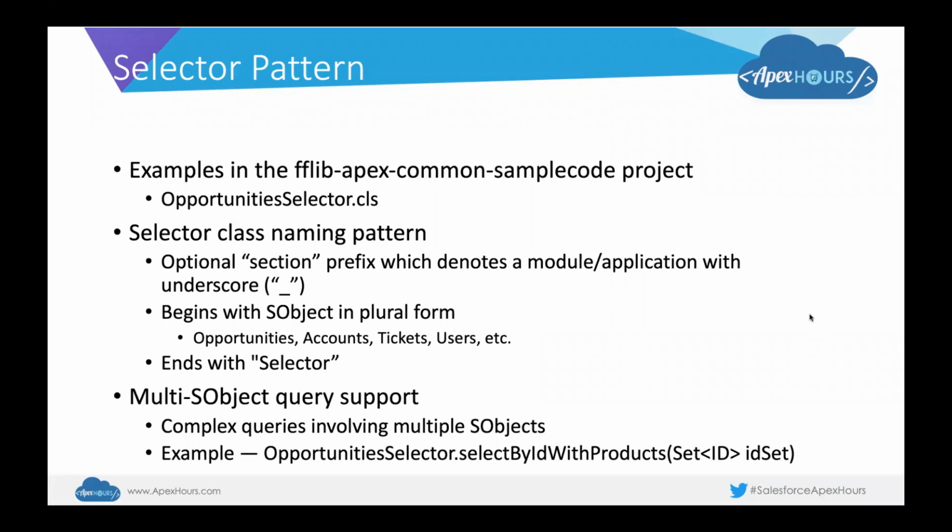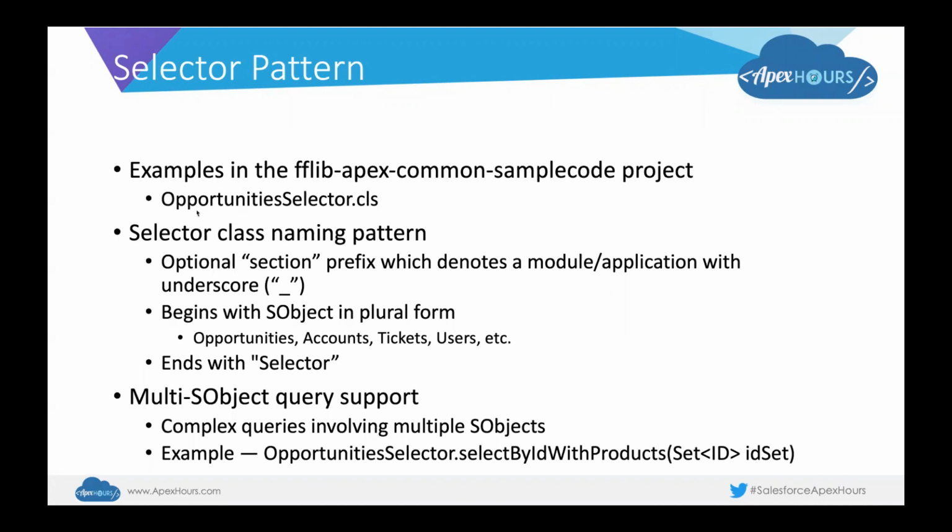So when you deal with selector classes, there's a general naming convention. There's a general naming convention to all of the different types of patterns in the Apex Common project. I'll take a brief segue and say that these class naming patterns are one of the most powerful features of the enterprise patterns and the Apex Common framework, because just by looking at the class, you can easily understand what it does and what its purpose is.